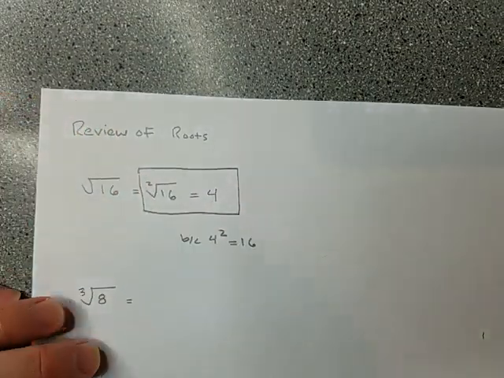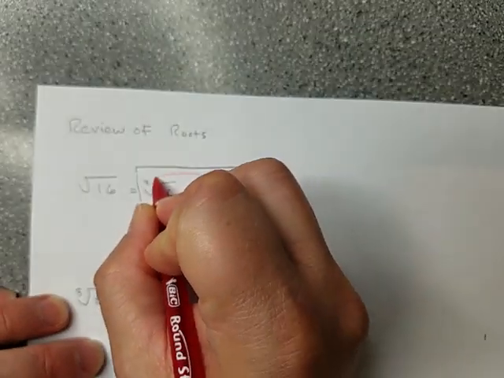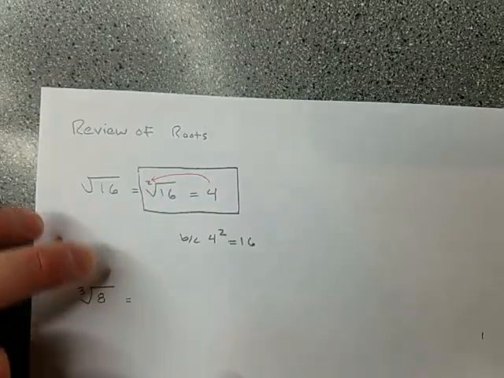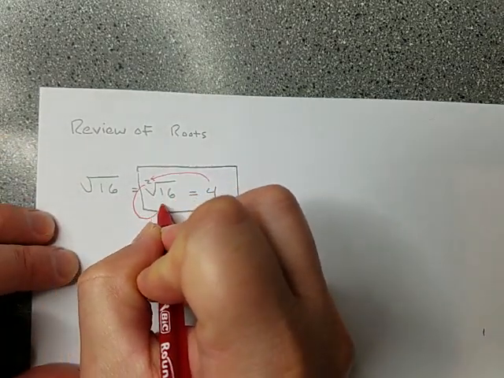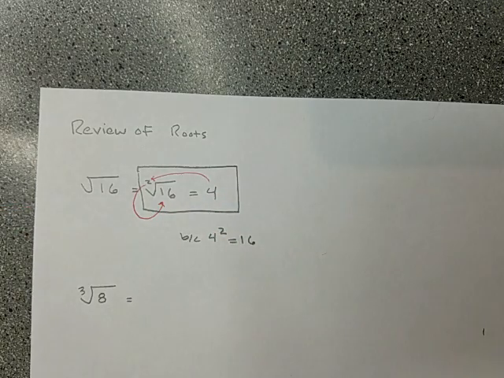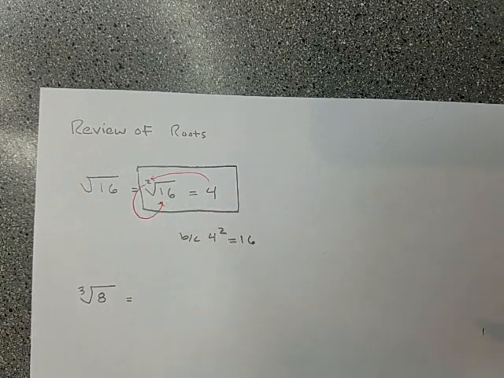If you take this number and raise it to that power, then you should get this number. That's what makes that statement true about a root. 4 squared is 16, so the square root of 16 is 4.